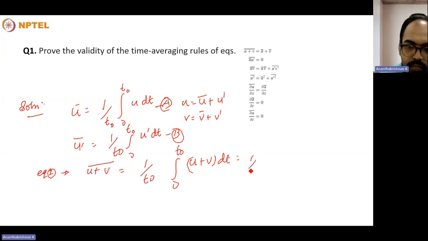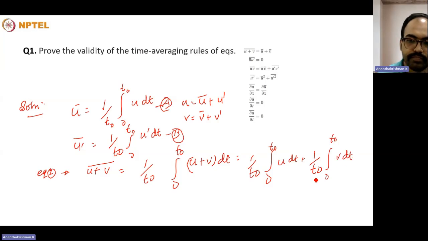That will be equal to 1 by T0 times the integral from 0 to T0 of U dt plus 1 by T0 times the integral from 0 to T0 of V dt. This is nothing but U bar, and this is nothing but V bar. So the first equation is proved.